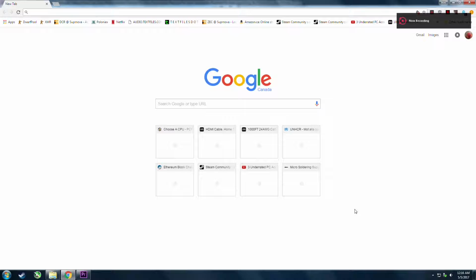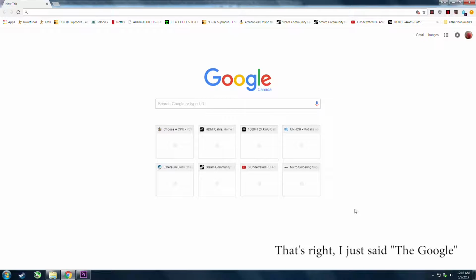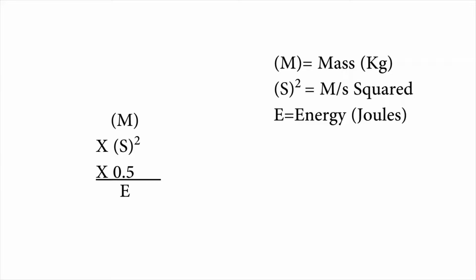Okay, so I just did a search on the Google, and I found out that a potato of a similar size to a projectile weighs about 200 grams. Okay, all that's left now is to plug the values into our equation. In place of m, we put 0.2 as in 0.2 kilograms, and in place of s, we put 50 as in 50 meters per second.